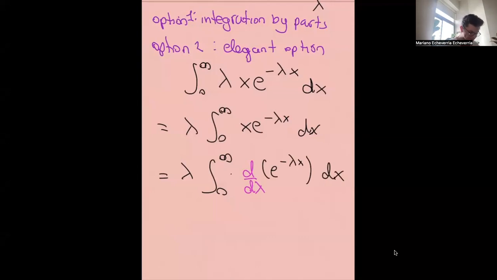Is that making sense? Because if you take the derivative with respect to lambda, you get e to the minus lambda x times the derivative with respect to lambda. So that gives you minus x. So if you multiply by a minus sign, you just get x. Is that okay?